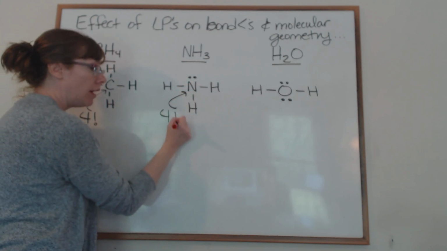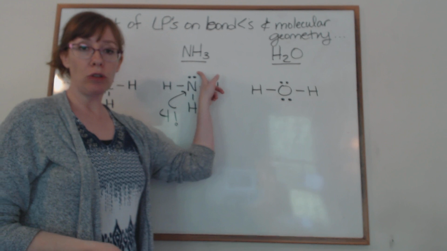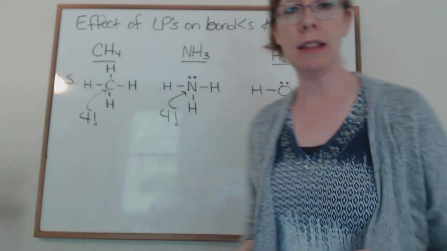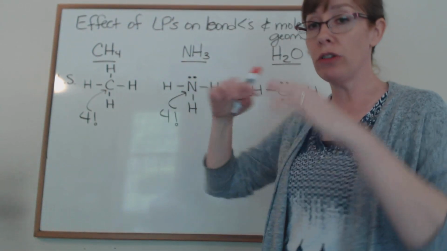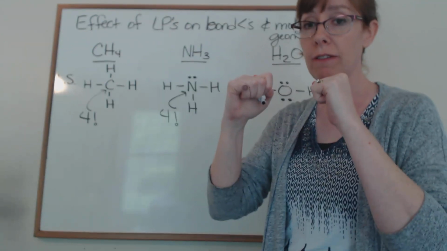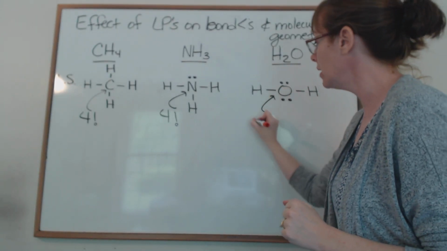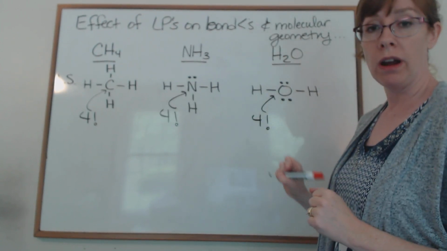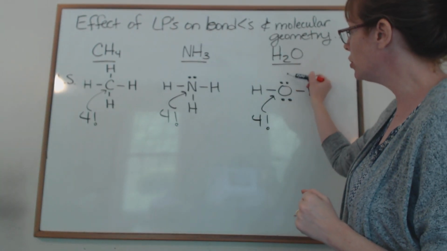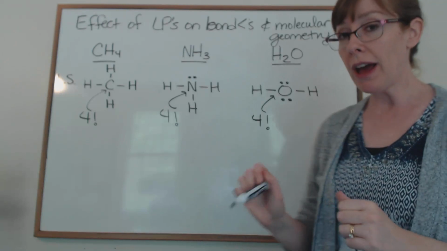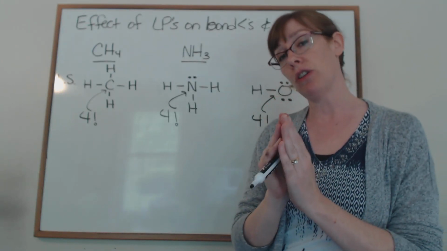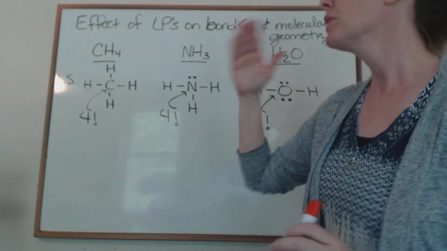They absolutely count as electron groups according to that first definition that I gave. The nitrogen has 4 electron groups that need to push each other around to try to find space around that central atom. And so does the oxygen. It also has 4 electron groups around its central atom: 1, 2, 3, 4. They don't have to be bonds to count as electron groups. They can be lone pairs.